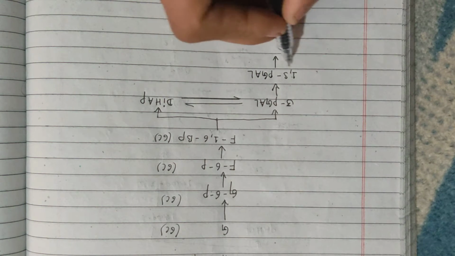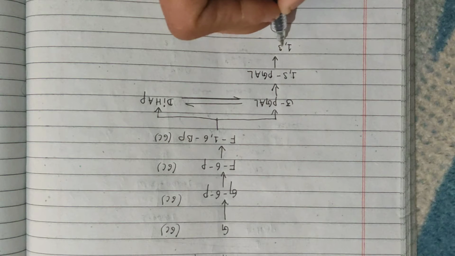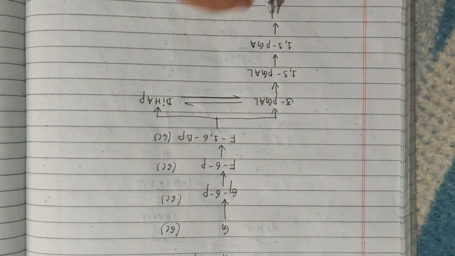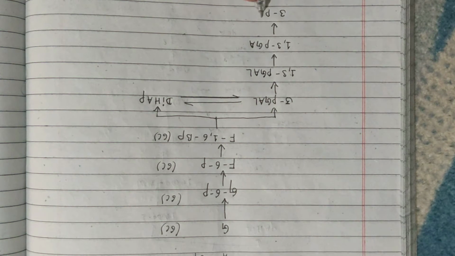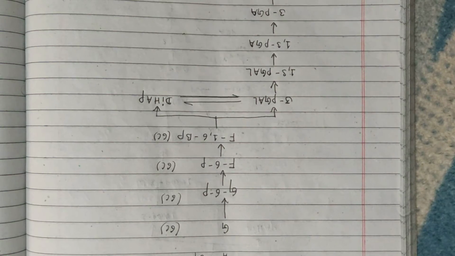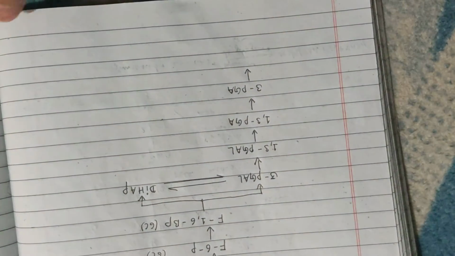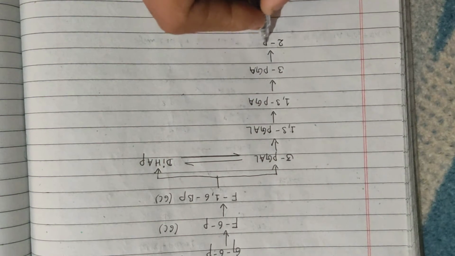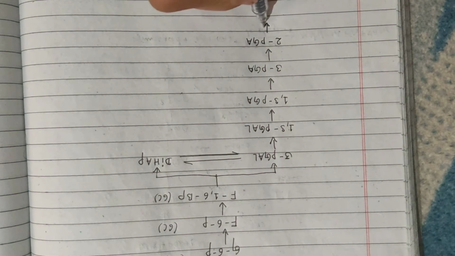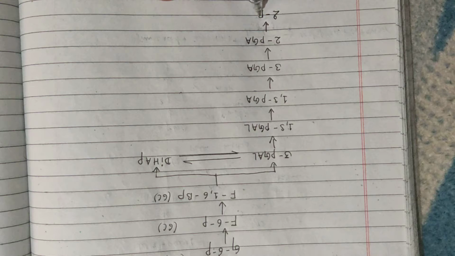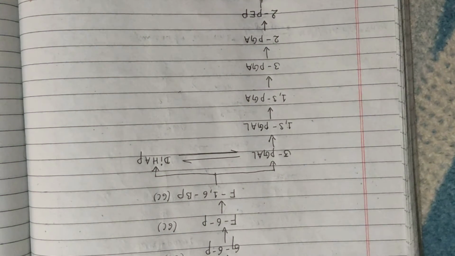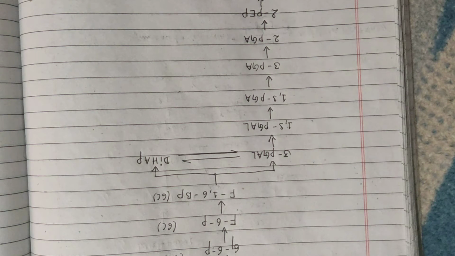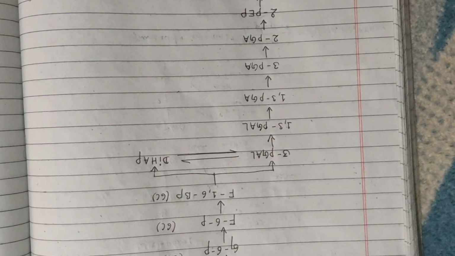Then 1,3-phosphoglycerol aldehyde is converted into 1,3-phosphoglyceric acid, and 1,3-phosphoglyceric acid is converted into 3-phosphoglyceric acid, and 3-phosphoglyceric acid is converted into its isomer, 2-phosphoglyceric acid. 2-phosphoglyceric acid is converted into 2-phosphoenol pyruvate, and the last product which we get at the end of glycolysis is pyruvic acid. We can even say pyruvate too.